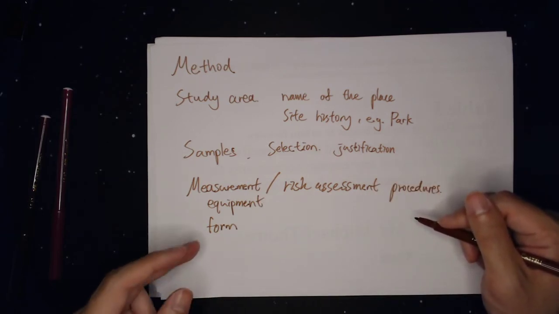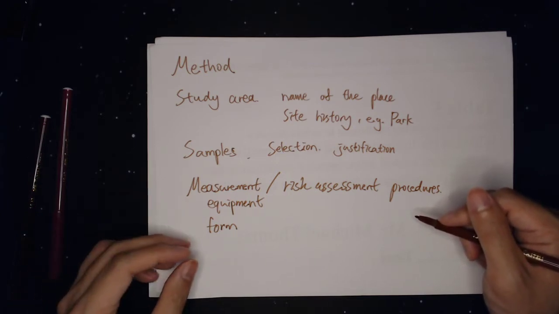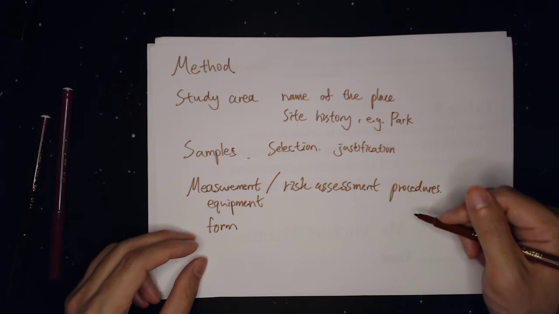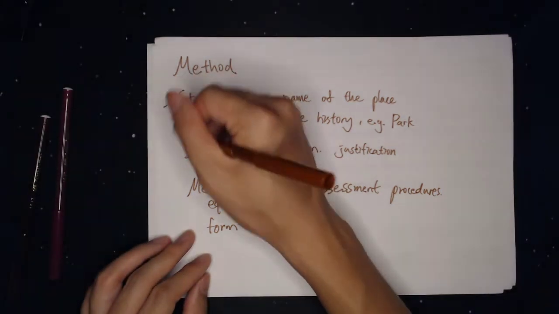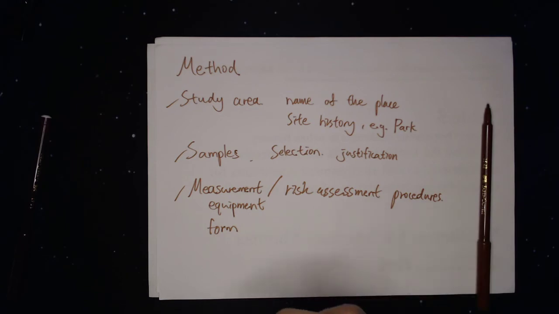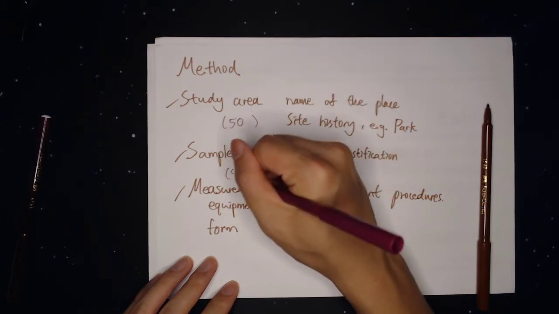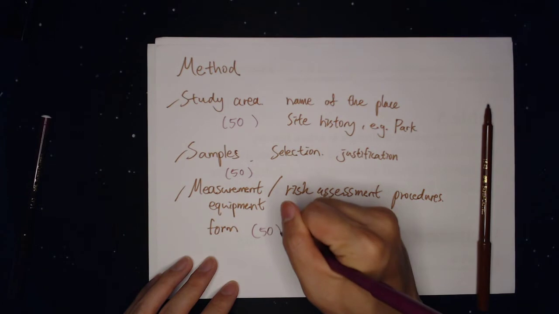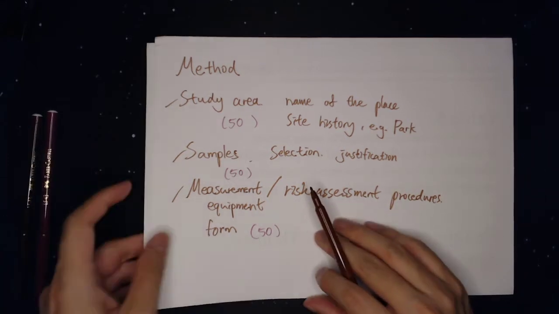So show me what facilitated your measurement or risk assessment procedures. So if you provide this information for me, I would be quite happy. For the methods section, I think you can write about 50 words for each part, at most. So that is on methods.